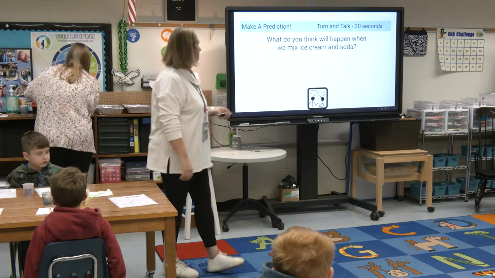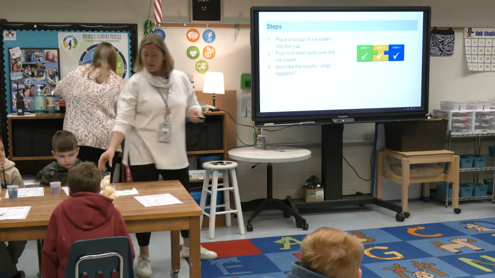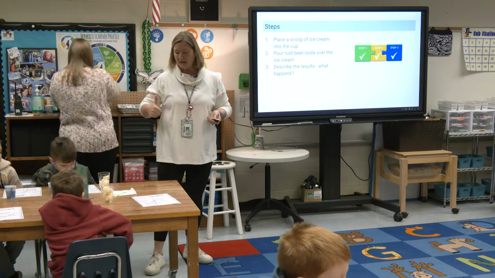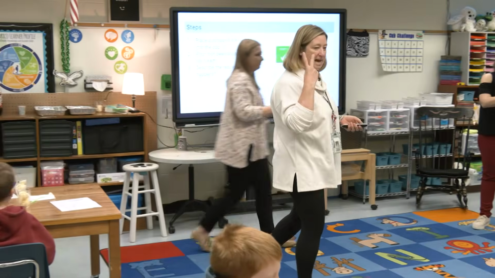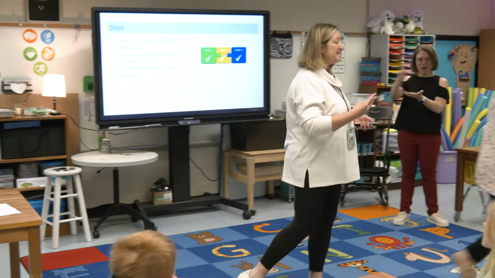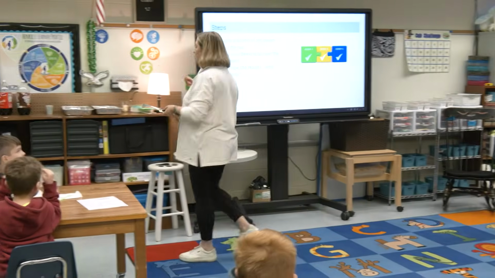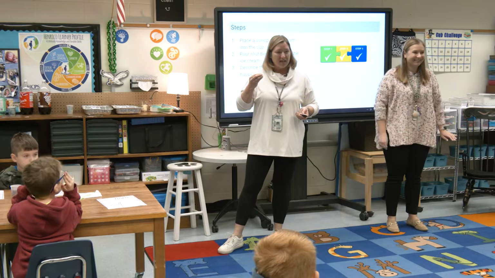Okay, so job number 1, we have a scoop of ice cream and we have it in our cup. Done. Step 2, we have our soda in our cup. Step 3, we are going to pour the root beer over the ice cream. Hold on.